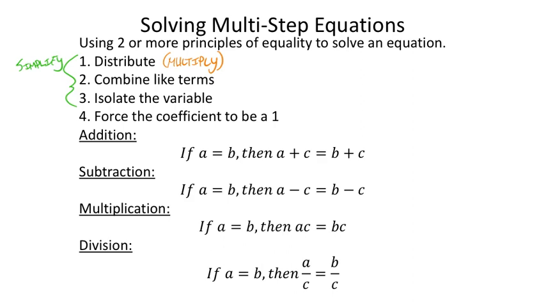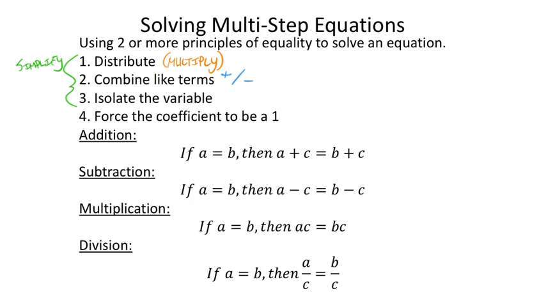Just like we've been seeing, and we haven't said this specifically, isolating the variable is how we combine like terms across the equal sign. So we can only combine like terms on one side of the equal sign and then the other side of the equal sign if it's needed. And combining like terms means that we are looking specifically at either addition or subtraction.